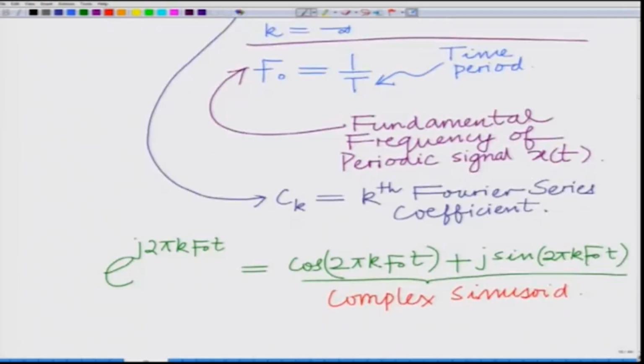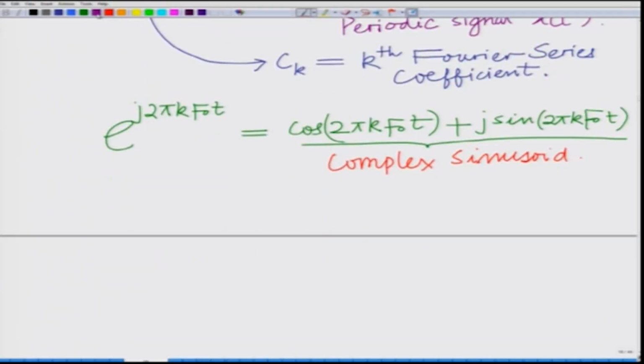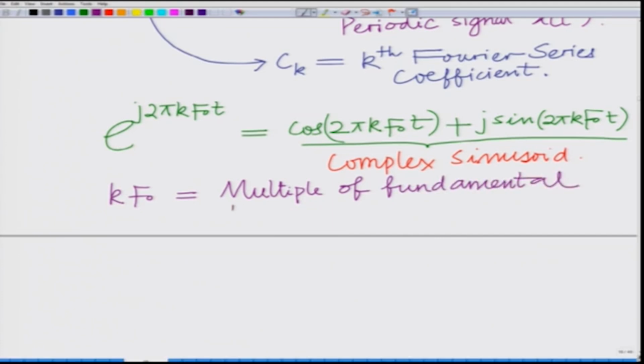All right. So, each k f naught is a multiple of the fundamental frequency f naught, the kth multiple of the fundamental frequency f naught, correct.